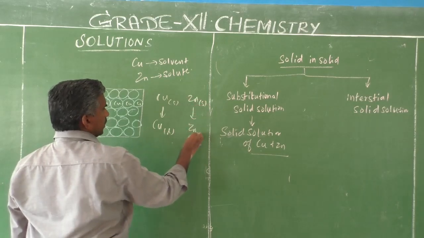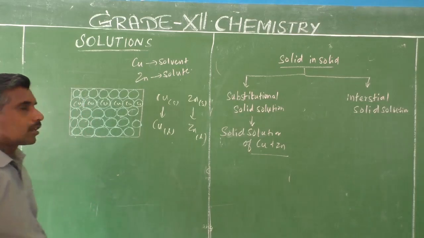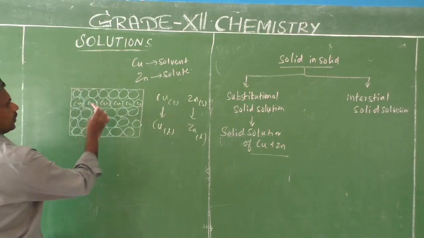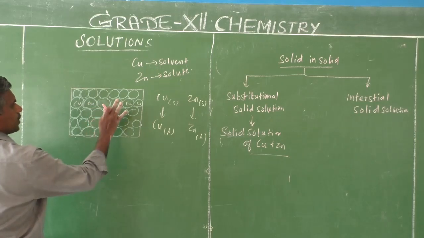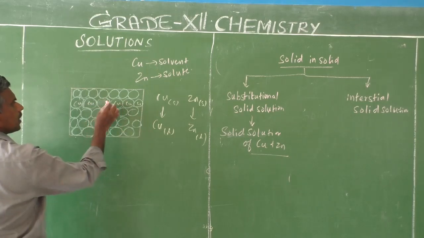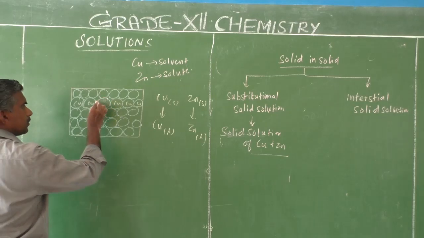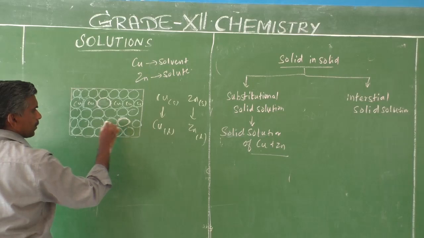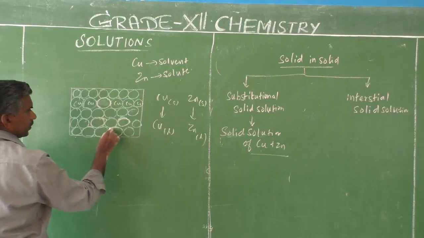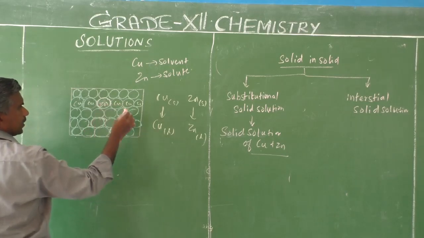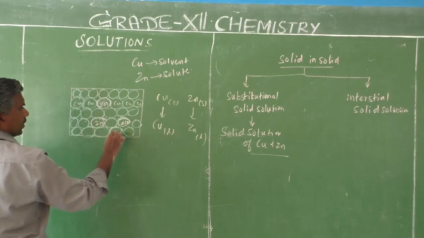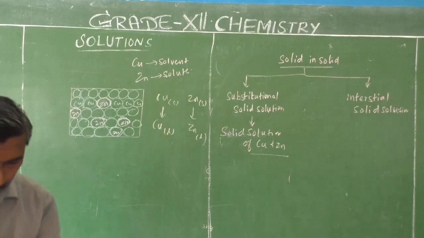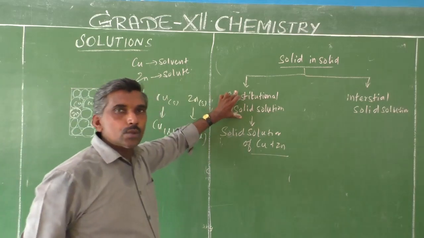On heating, melting, now some copper atoms are mixing. In place of these copper atoms, the zinc is substituted. That is known as substitutional solid solution.